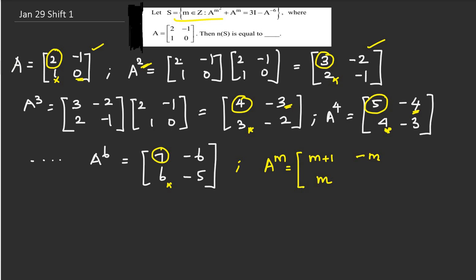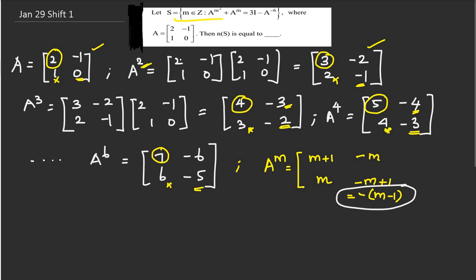The next, this will be a square is 0 minus 1, and this is minus 1 minus 1, minus 2 minus 1, minus 4 minus 1, and therefore this will be minus m plus 1, or it can be written as minus of m minus 1.